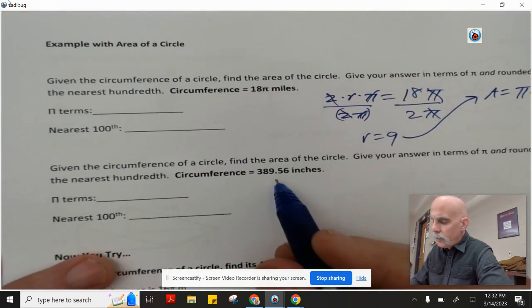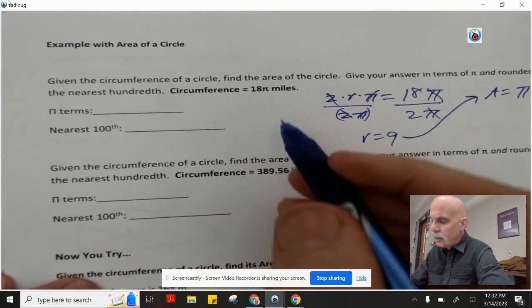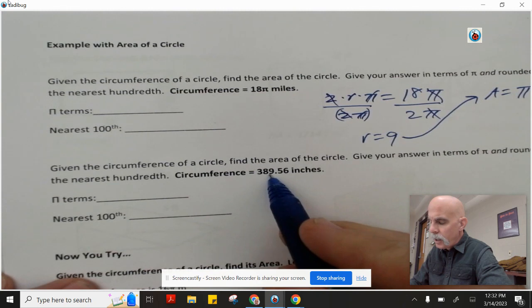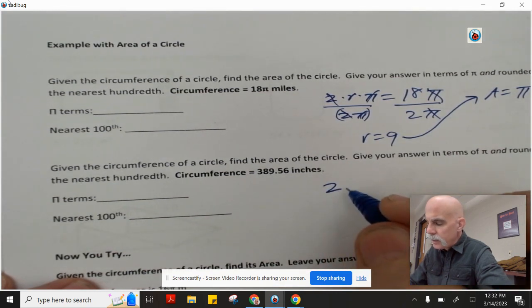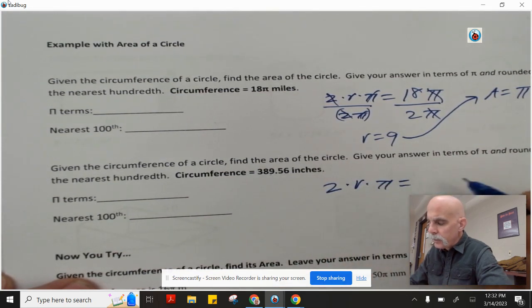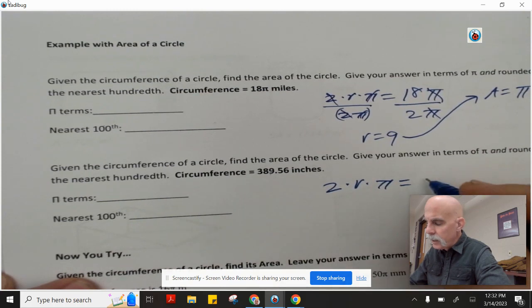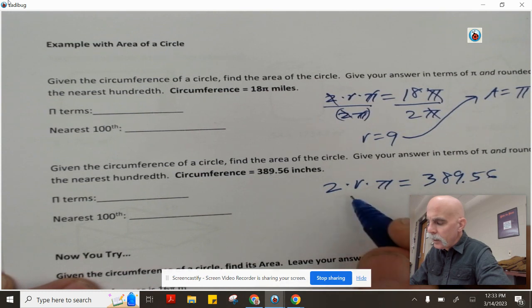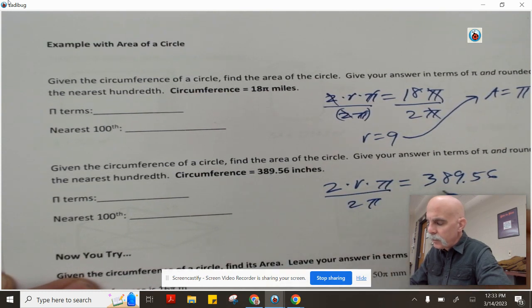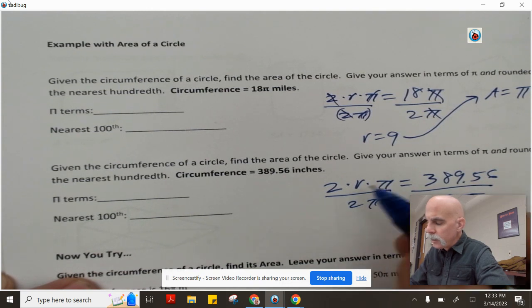Okay. On this one, notice this one had pi with it. This one does not. So if I was doing the exact same process, if this is my formula and it equals 389.56, when you divide both sides by 2 pi, on this one, my pi's don't cancel. So I've just got to do this in my calculator.